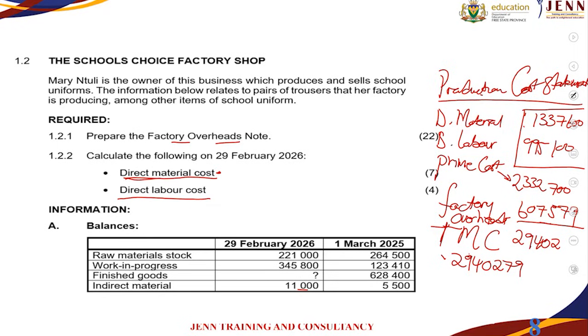And then if you can recall, immediately after total manufacturing cost, we are going to have work in progress at the beginning of the year. And when we look at information A, we do have 123,410. So it will be here, 123,410. And when we add it as well, it is going to give us a material available for use.